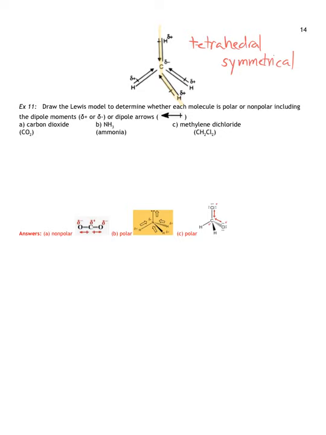So the dipoles are all going towards the carbon. It's a very weak dipole, by the way. And notice this is a carbon-hydrogen structure, or bonds, and so these bonds are very weak dipoles. The structure is symmetrical. It's tetrahedral.